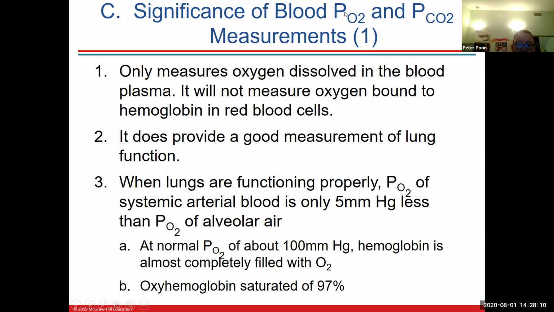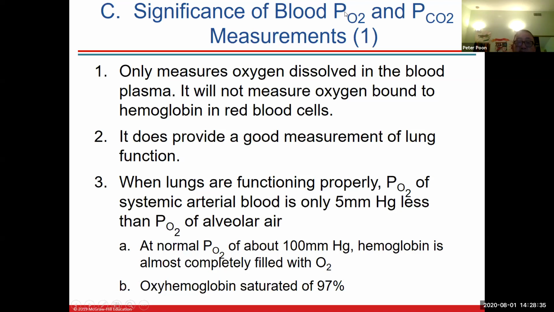At normal partial pressure of oxygen, the hemoglobin is almost completely filled with O2, about 98.7%. Adding more O2 will not significantly change the amount of O2 in red blood cells because they're already maxed out.